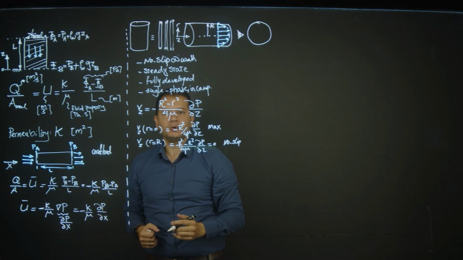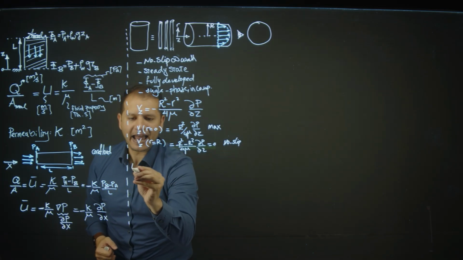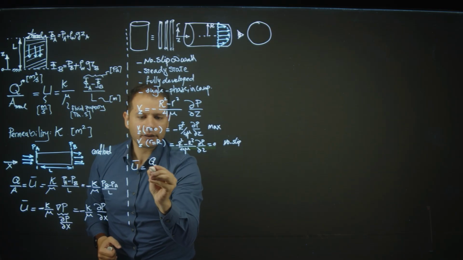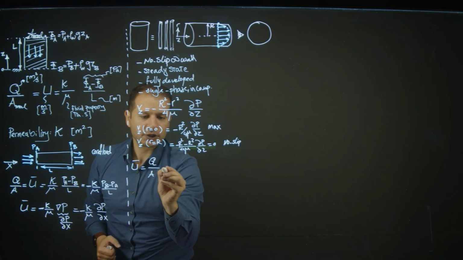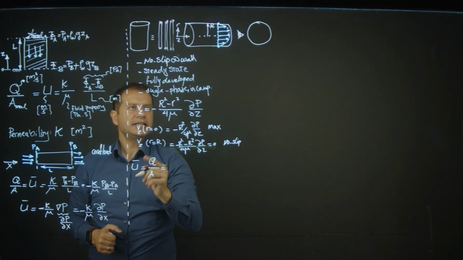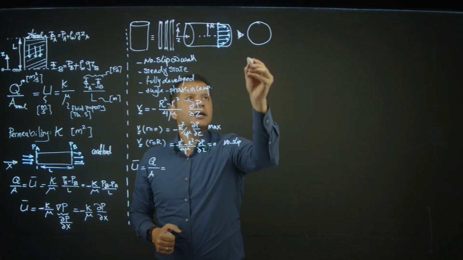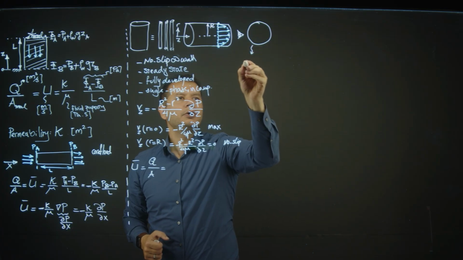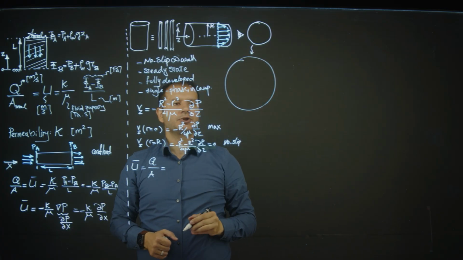Now I would like to relate it to Darcy's law. So what I'm going to do is, I would like to know what's the average velocity across this tube, which is the flow rate going through divided by the cross-section area. What is the flow rate? If I just make this cross-section tube a bit bigger for you, so this is the cross-section.